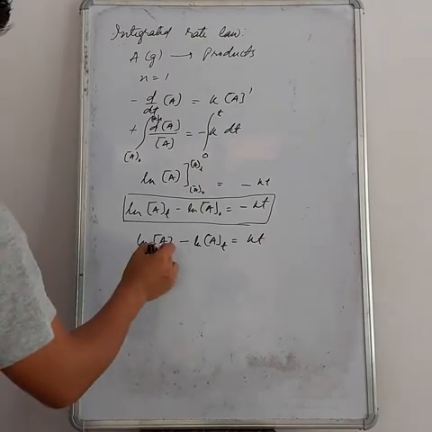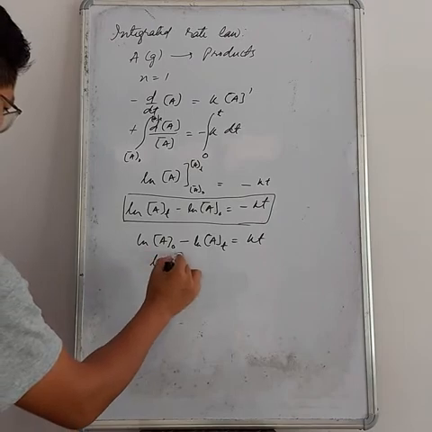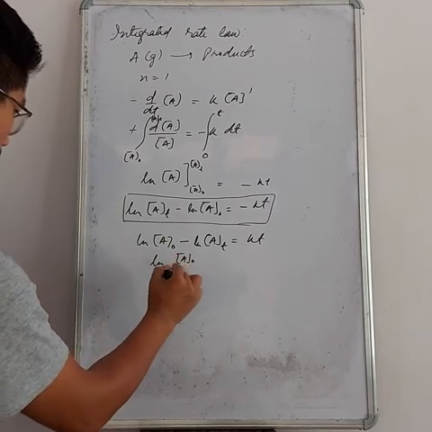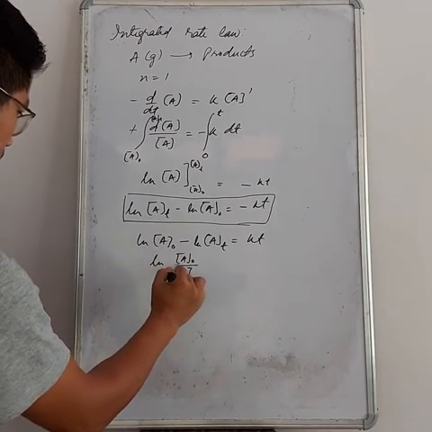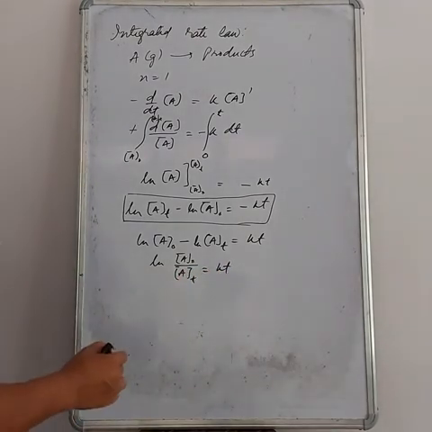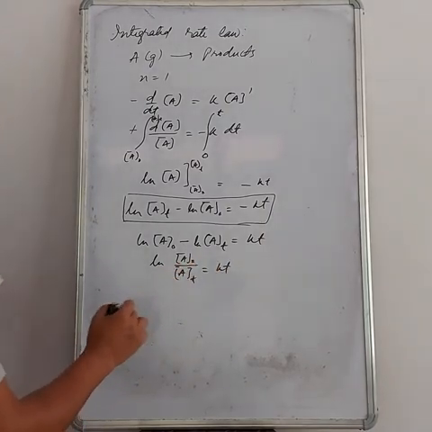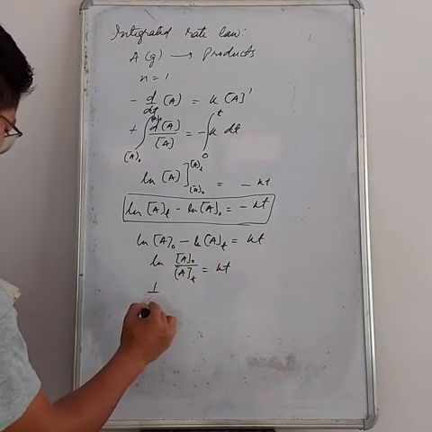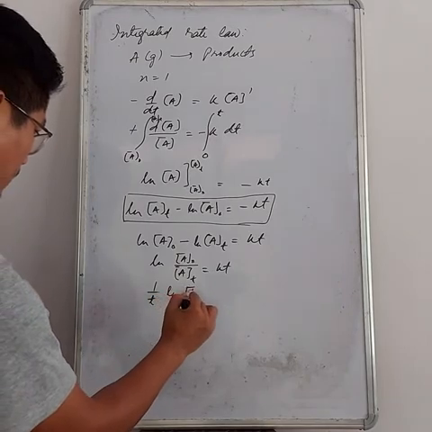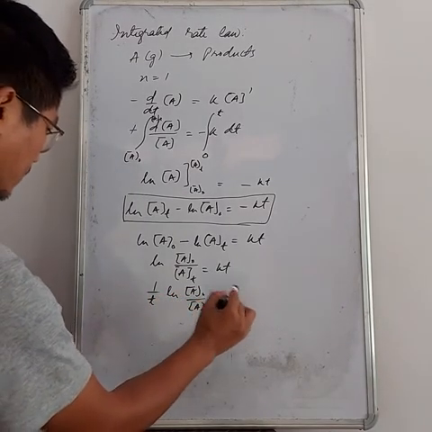Since this is negative, we'll divide: natural log of A naught over At is equal to kt. So we'll bring this t down: 1 by t natural log of A naught over At is equal to k.